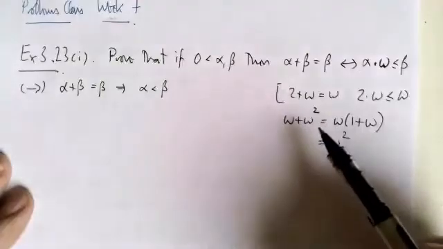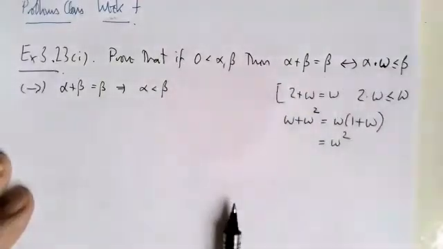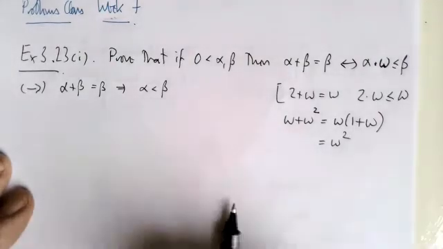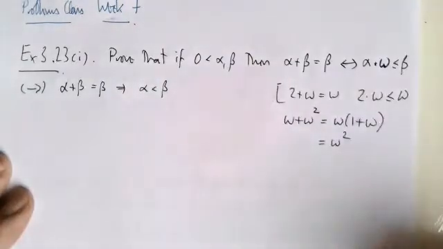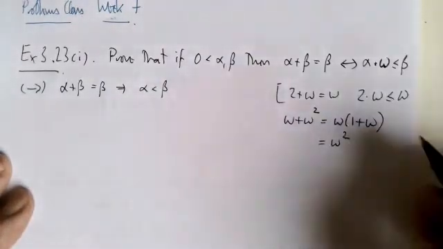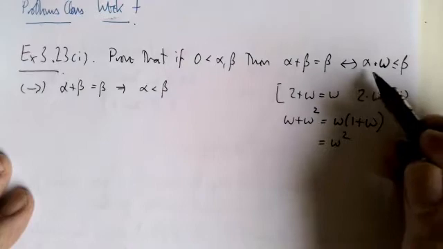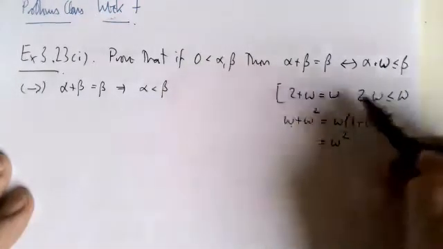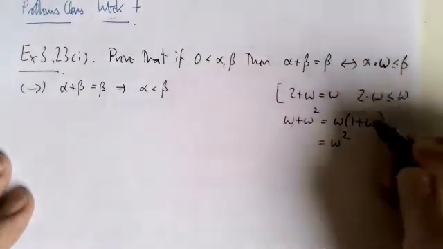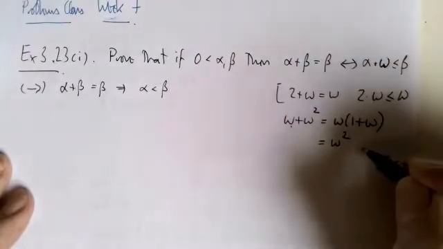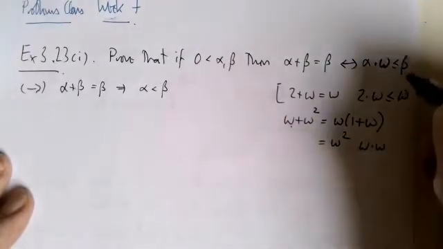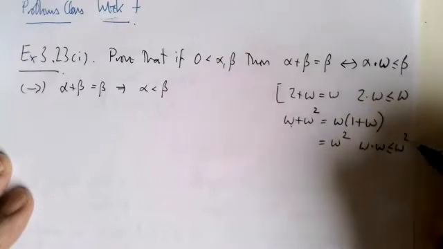So here's another example: omega plus omega squared is omega squared. Likewise, we had here alpha is omega, beta is omega squared, and so omega times omega is less than or equal to, or indeed equals, omega squared.